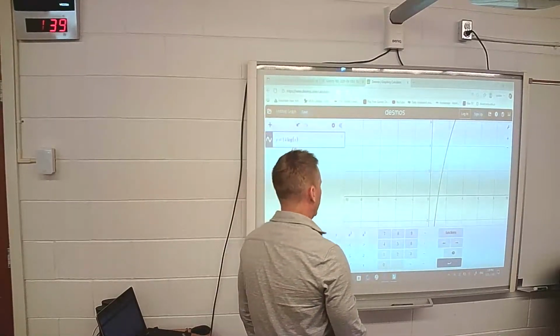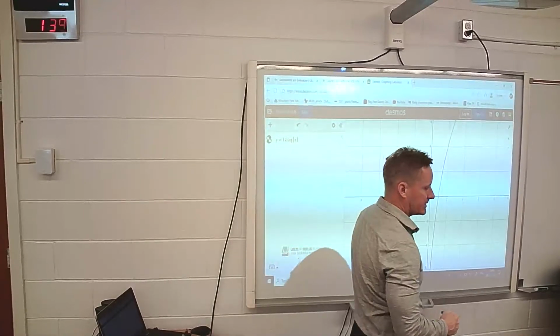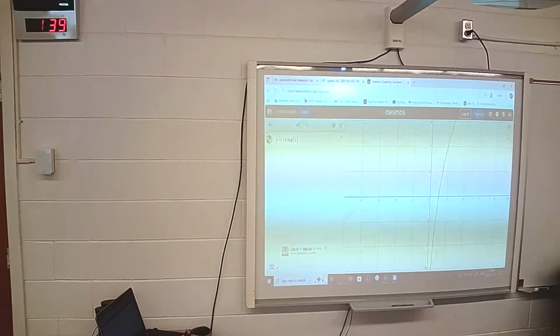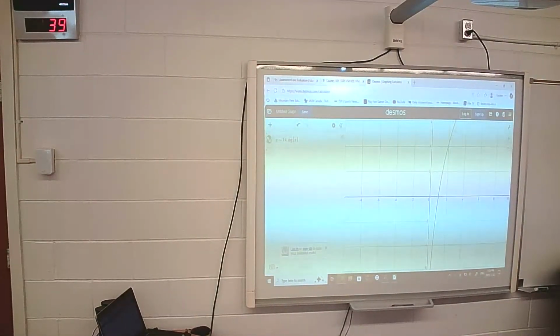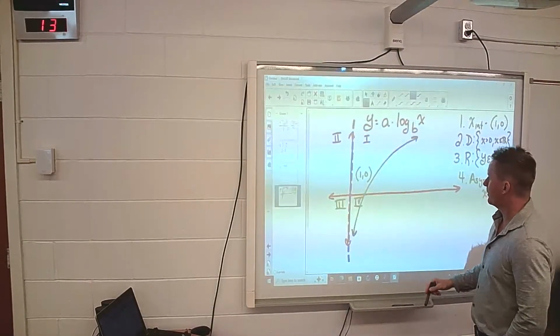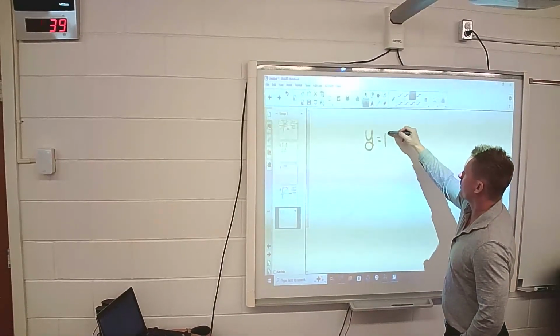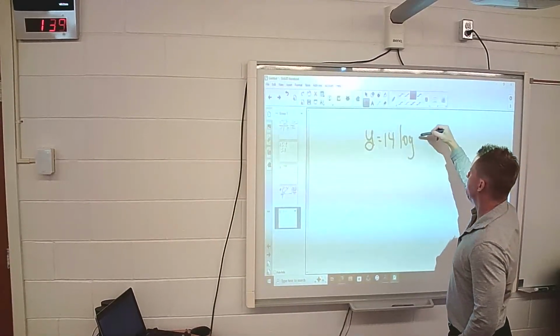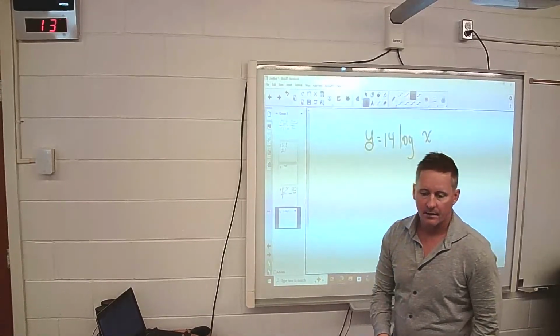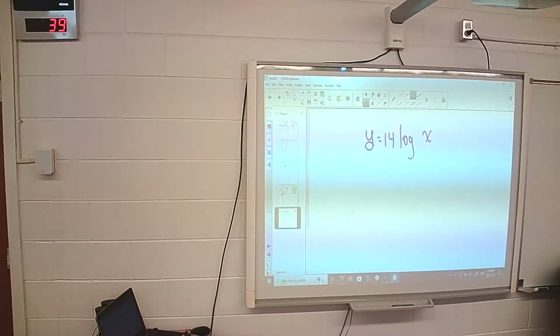Okay. Now, I need you to look closely at the equation itself. This is something different that you're not used to, but the equation I just put into here is y equals 14 log x like this. The base value hasn't been identified in it.